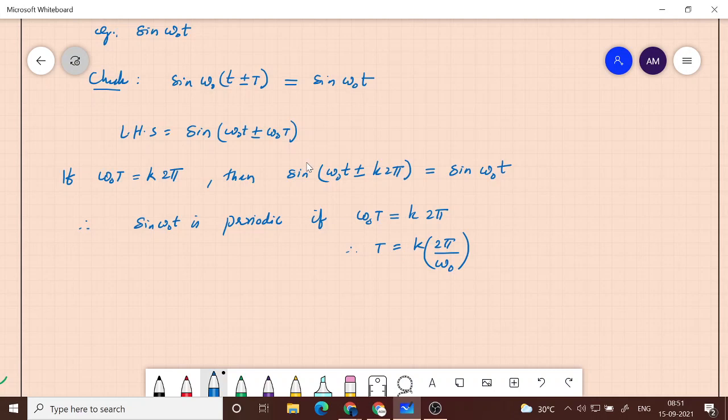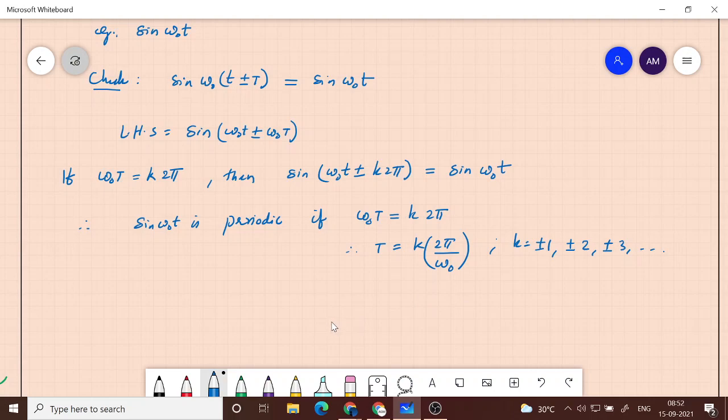If you shift the signal you get the same signal, where k is 1, or plus or minus 1, plus or minus 2, plus or minus 3, etc. For any value of k you can get back the signal. So this is a periodic signal and the period is given by this.